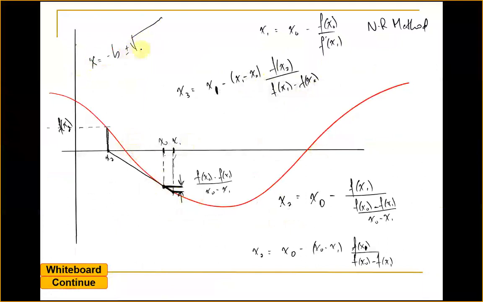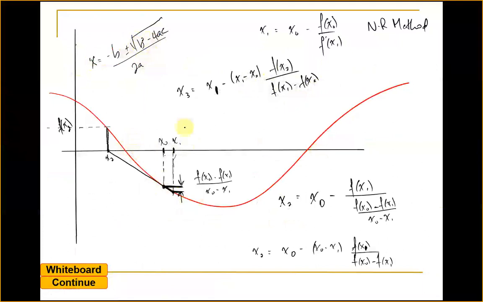Everybody remember it? Want to tell me? Minus, what was it? What's the minus square root of b squared minus 4ac over 2a? Good.